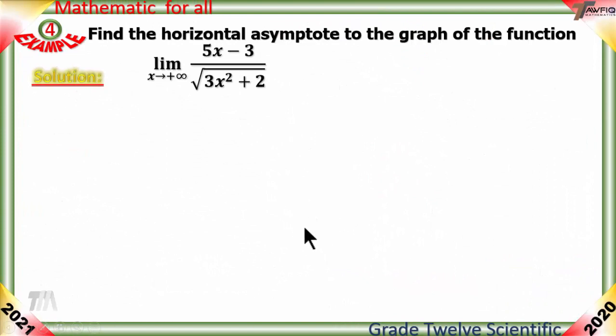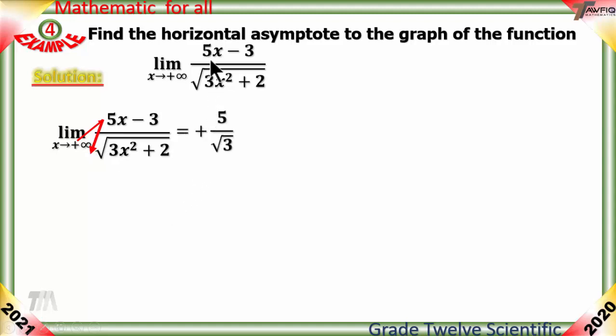And now find the horizontal asymptote to the graph of this function. Because we have a square root at the denominator, we have two horizontal asymptotes. One of them, by multiplying plus times plus times plus, becomes plus. Here before x we have 5, and here before x squared we have the square root of 3, so it becomes 5 over the square root of 3.